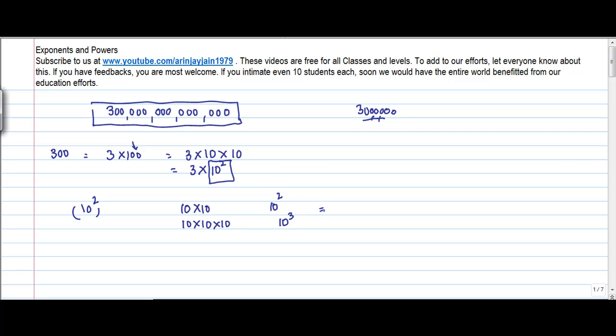What this would have meant is that 10 has to be multiplied by itself 2 times. Similarly, 10 to the power 3 would have meant multiplied by itself 3 times.